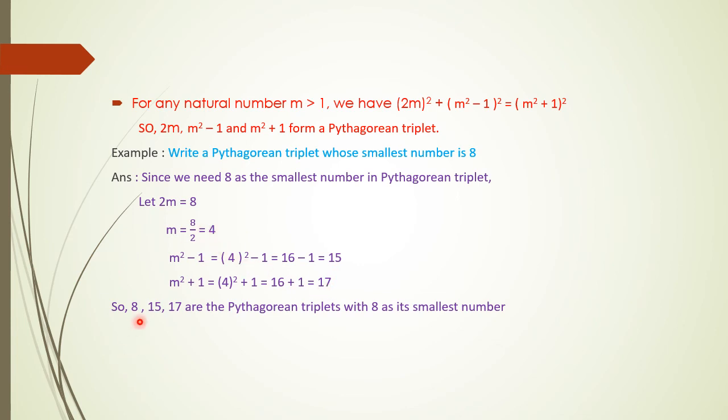Children, here in the answer we have 8, not 4. Our answer has the numbers 2m, that is 8, m square minus 1, that is 15, and m square plus 1, that is 17. So 8, 15 and 17, they form the Pythagorean triplet.